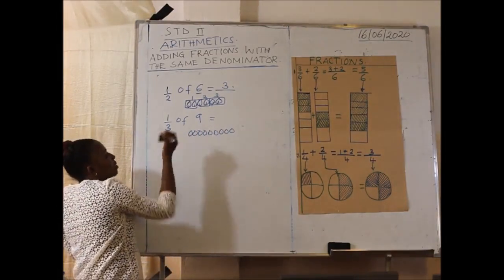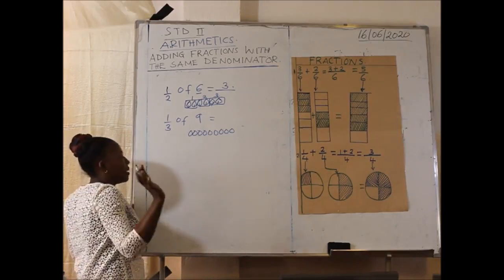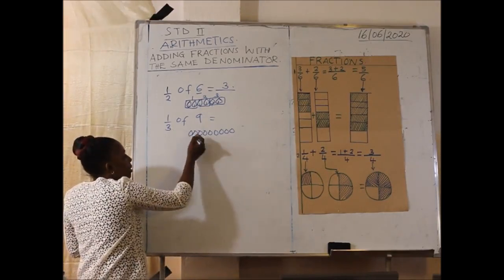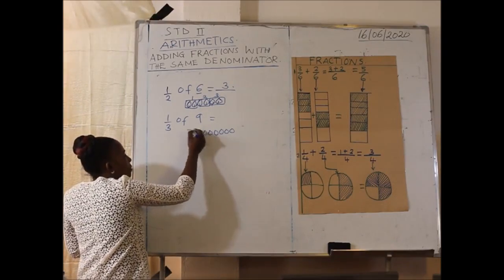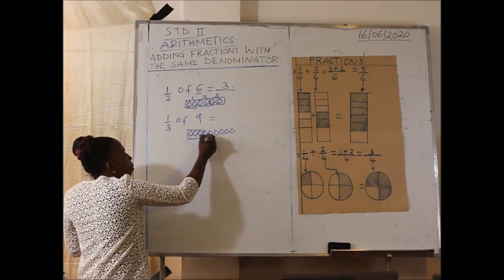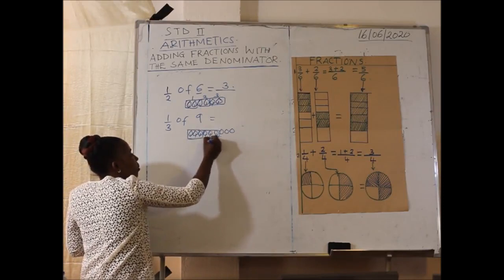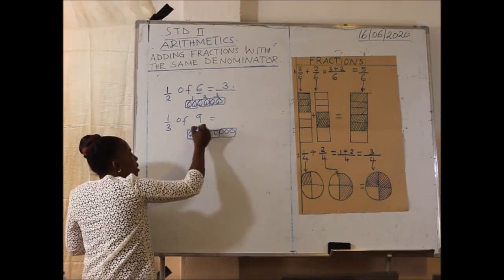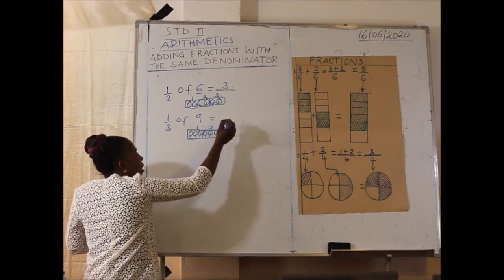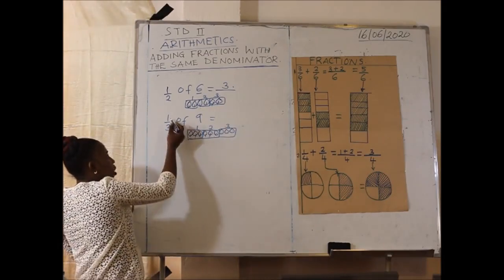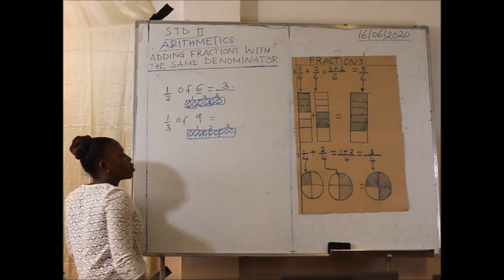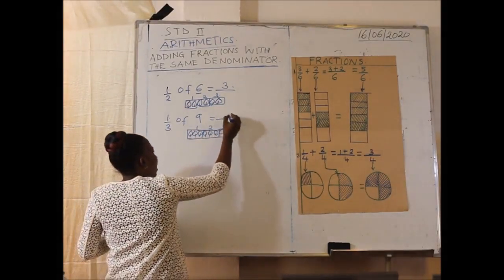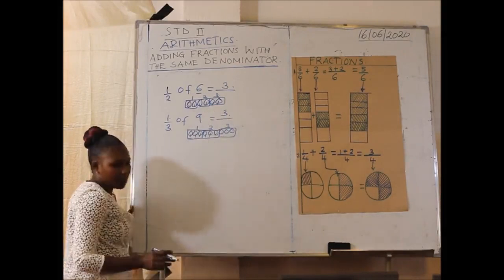Then we have to create groups of equal divided parts, so we create groups of 3 in 9. 1, 2, 3 the first group, 1, 2, 3 the second group, 1, 2, 3 the third group. So this is number 1, number 2, number 3. If we take only one group of 3, it equals 3. So the answer will be 3.